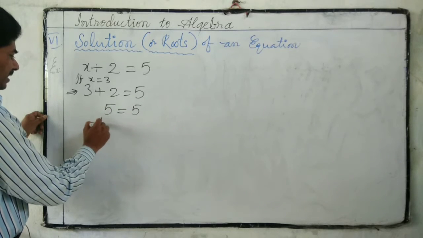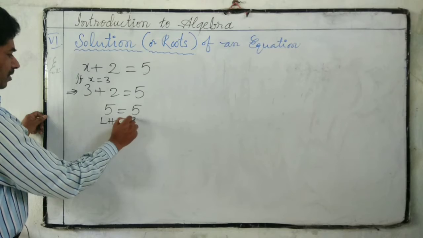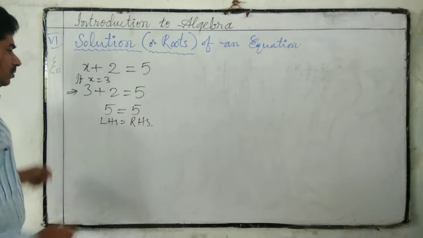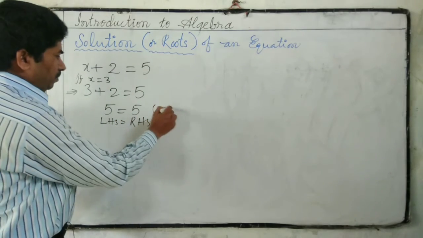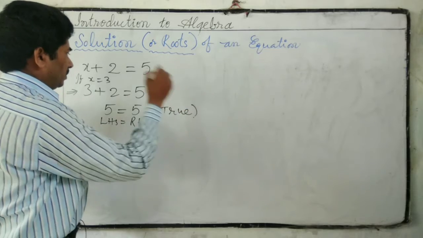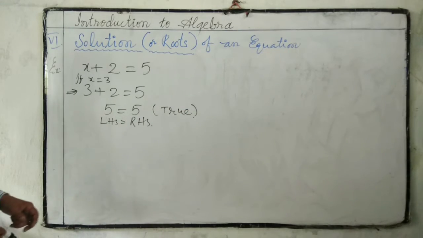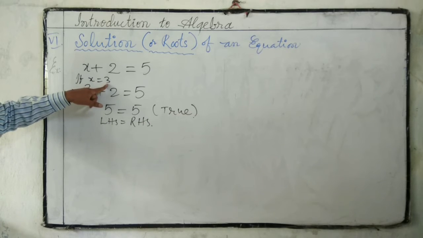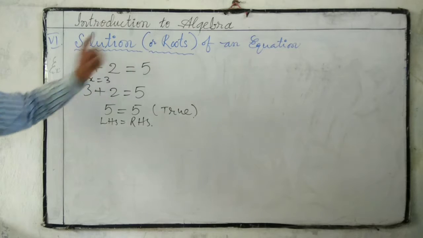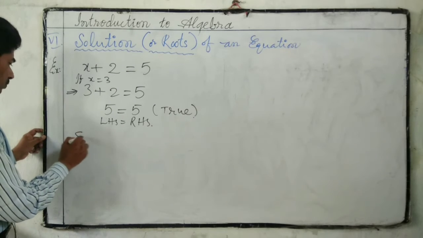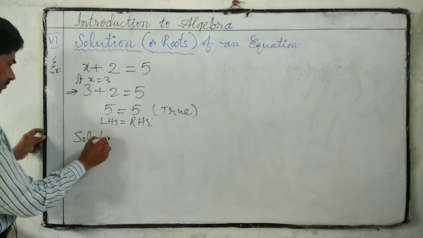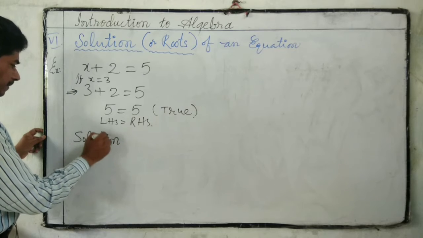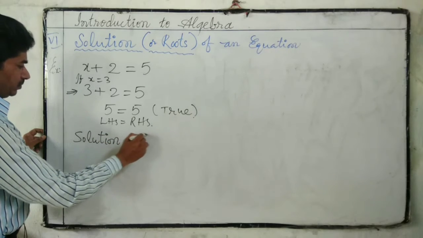LHS is equal to RHS, so it is true. In this equation, 3 is the solution or root of the equation. So the solution is 3.